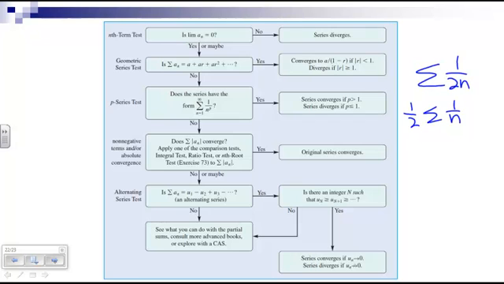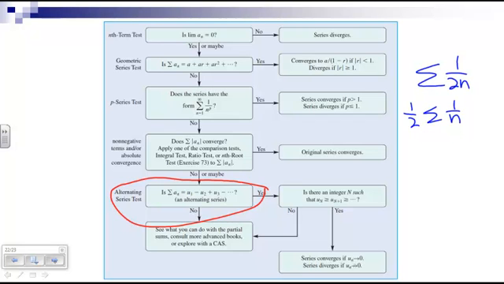What if it's not a P series? It says, go on and check the ratio test. This is where I disagree with the book. What I say is, if you run through these first ones, I'm not going to go to the ratio test next. I love alternating series.